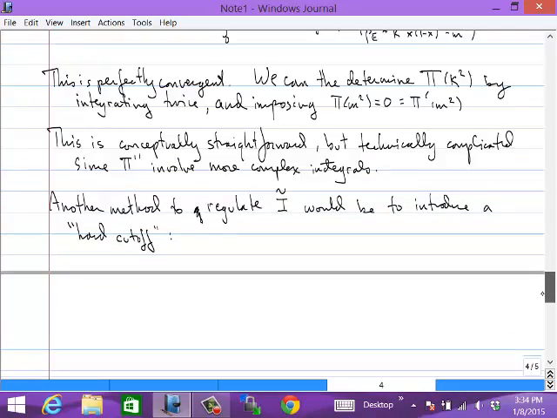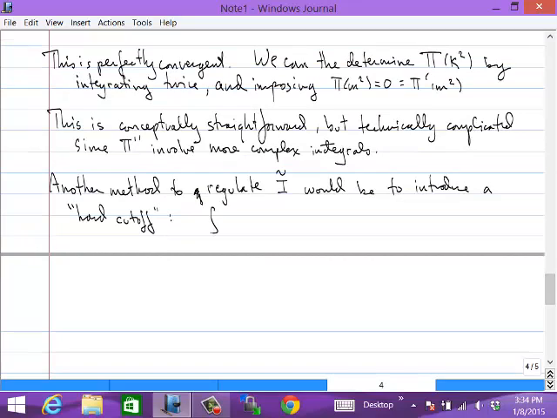Well, it means that when we integrate d^4p 1 over (p squared plus delta) squared, instead of integrating over all values of p Euclidean, we integrate only over those values where the absolute value of p Euclidean is less than some cutoff lambda.